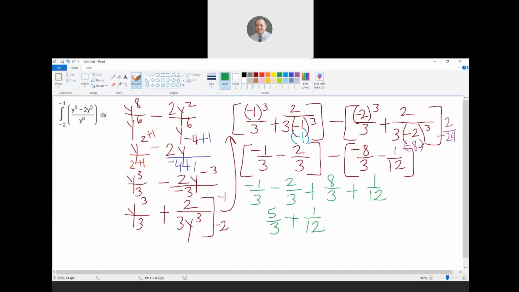We need to get a common denominator, which is 12, by the way. In other words, we need to rewrite 5/3 as something over 12. So 5/3 can be renamed as 20/12.